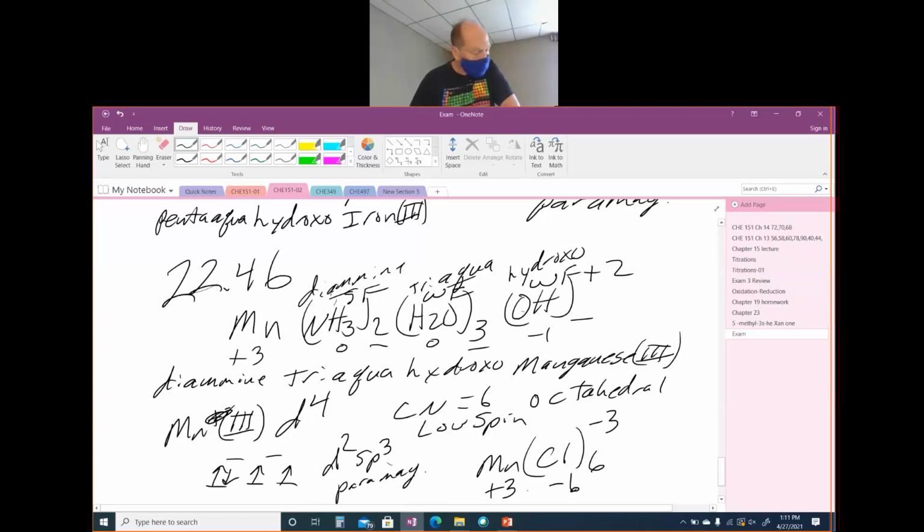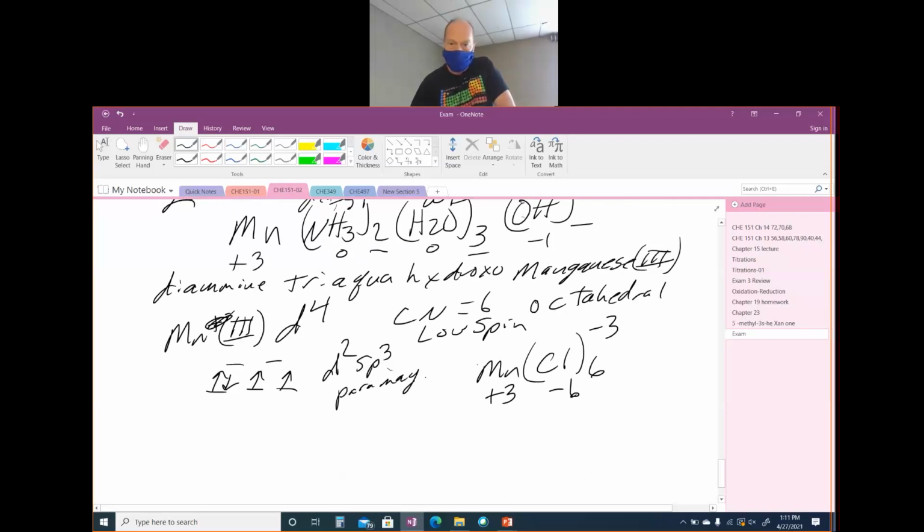So I'll take that as we're keeping the oxidation state of the Mn at +3, and now we have 6 chlorines, and so the overall charge of that complex would be a -3, and that would be named as a hexachloromanganate(III).